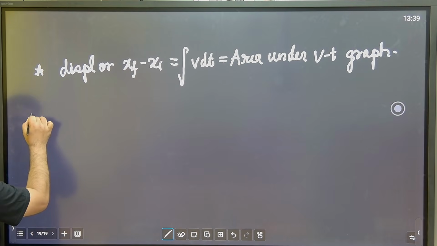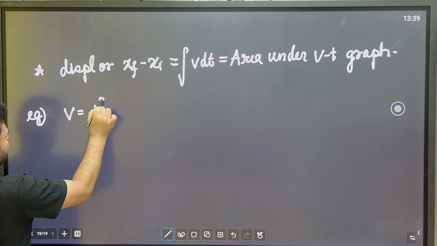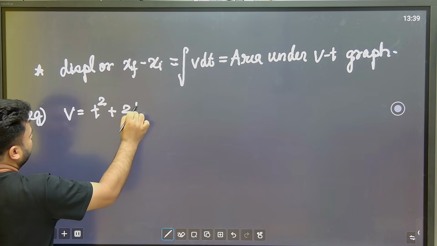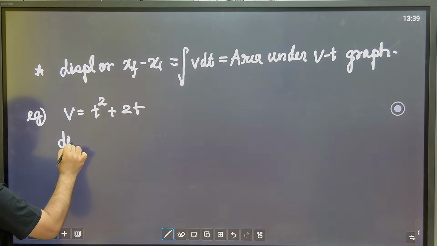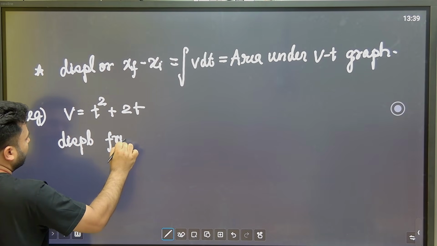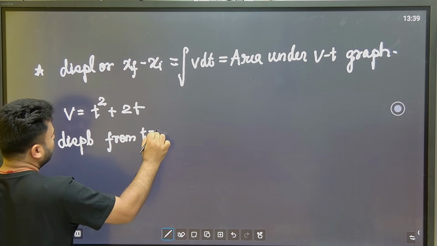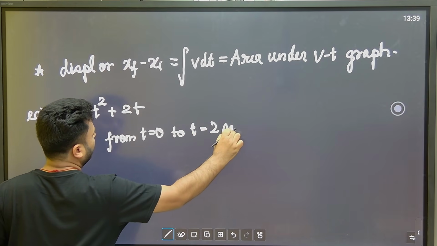Now they can give questions like this: velocity is t square plus 2t. What is the displacement from t equals 0 to t equals 2 seconds?